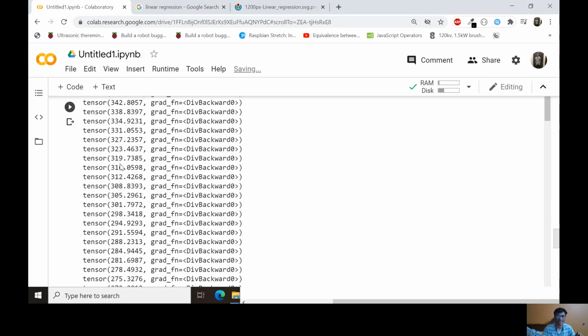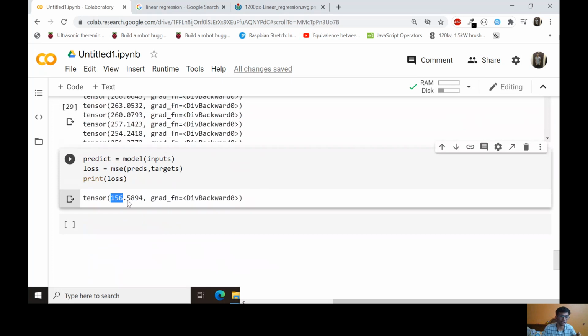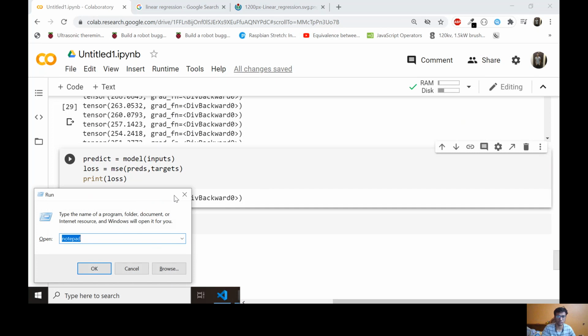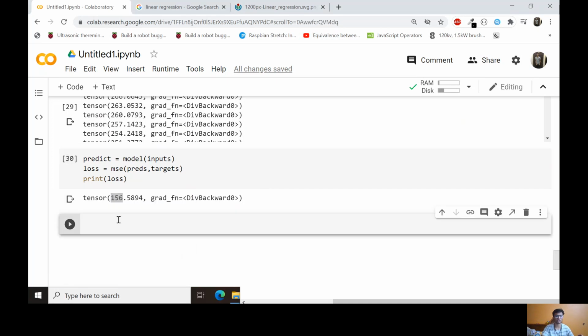Now it's only 156, and that too is the squared error. We have to take the square root of 156. It will be somewhat similar to 12 or 13. 12 squared is 144, so it will be near 12. I think 12 will be the loss.